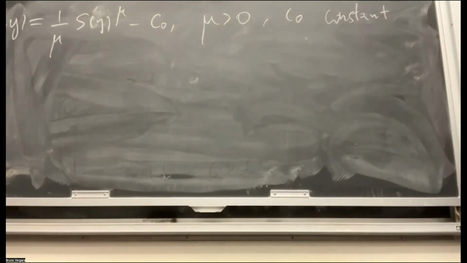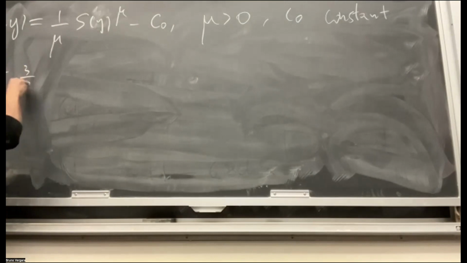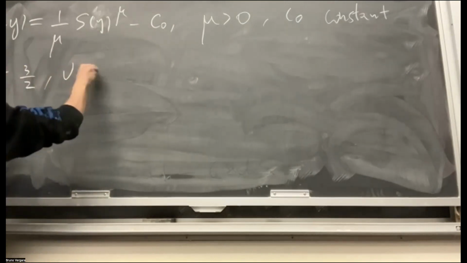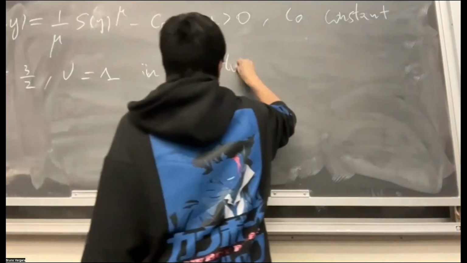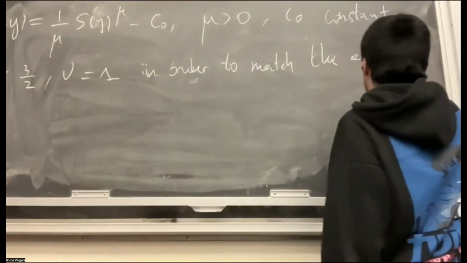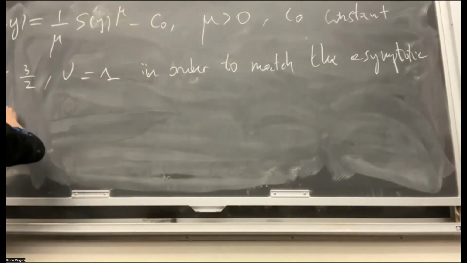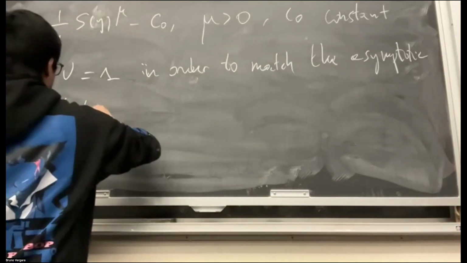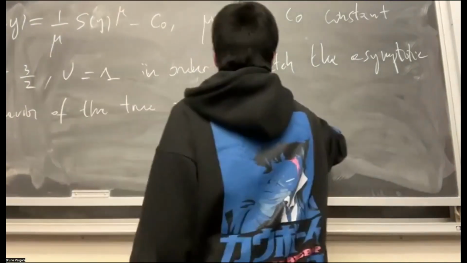This is how I'm going to parameterize the arc length, and so I'm going to make the choices mu equals 3/2 and nu equals 1 in order to match the asymptotic behavior of the true eigenfunction around 0.